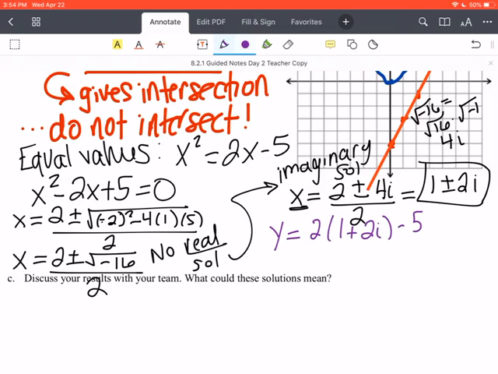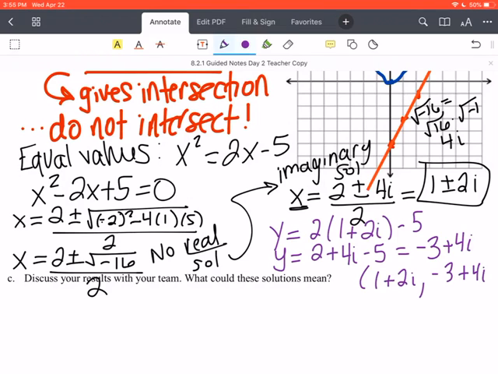I've been keeping it in parentheses. And then I'm going to do the math. So y equals 2 plus 4i minus 5. So y equals, let's see, 2 minus 5 is negative 3 plus 4i. So my first solution is 1 plus 2i, comma, y is -3 plus 4i. You've got to pair the correct x and y values together. So that's my first solution.